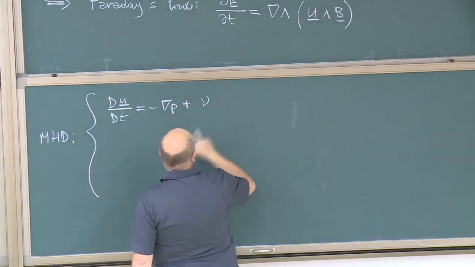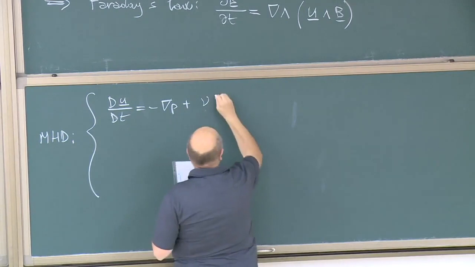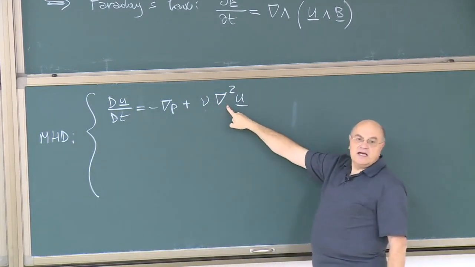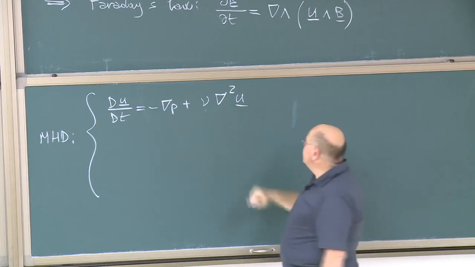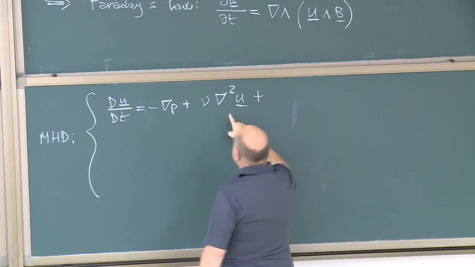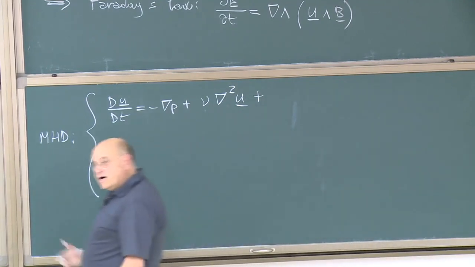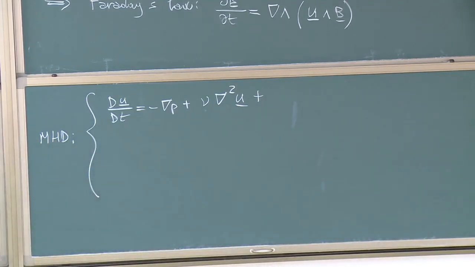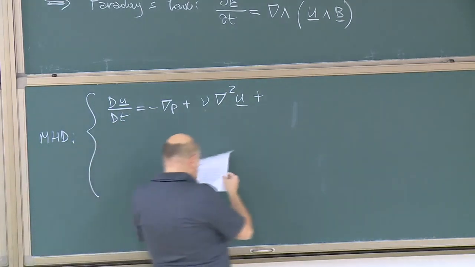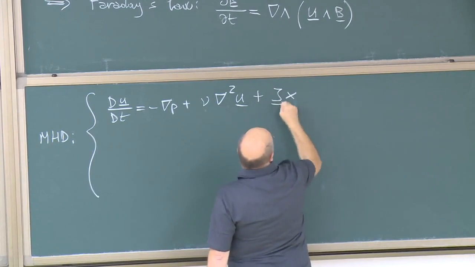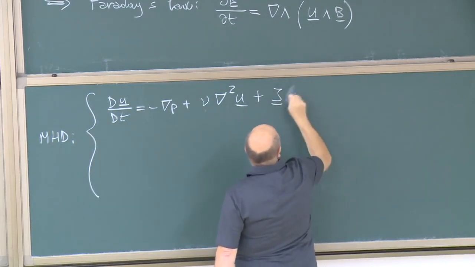So I will consider nu, this viscosity. I mentioned that the viscosity terms have second order derivatives on the velocity. And then I also mentioned that we want to include forces that are conservative, and the Lorentz force is such one, and the Lorentz force given there, J cross B.